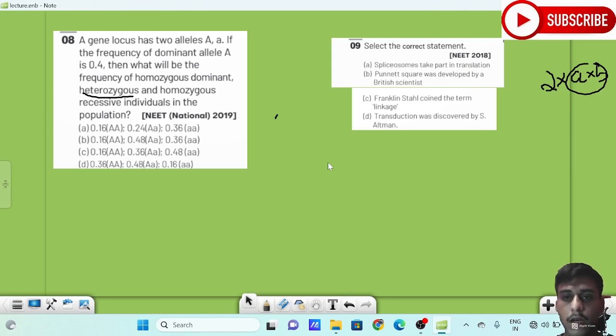The true answer is option number B. Punnett square was developed by a British scientist, Reginald C. Punnett, in 1917. I think we have discussed it in the first part. Spliceosomes take part not in translation but in the post-transcriptional process. Spliceosomes are certain complexes which help in the splicing process.